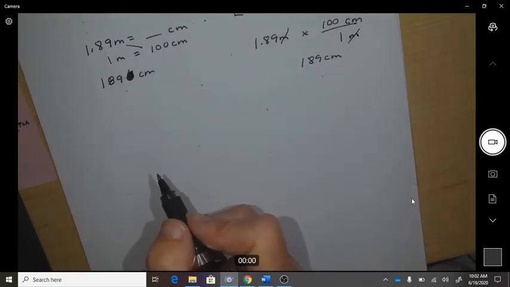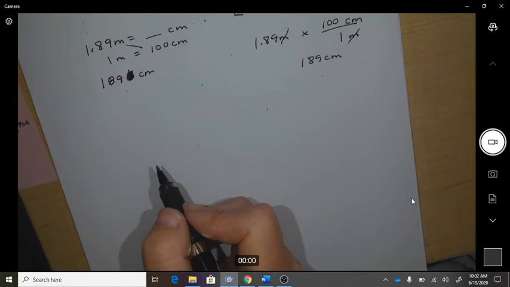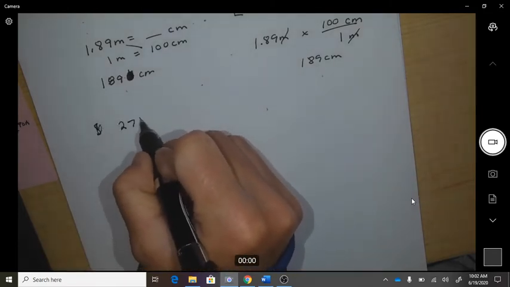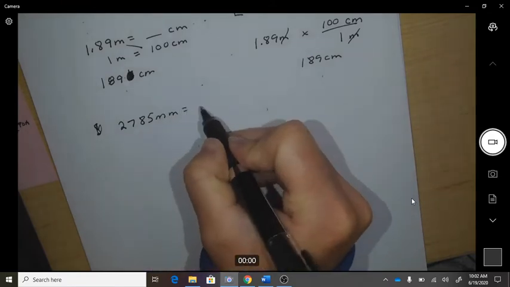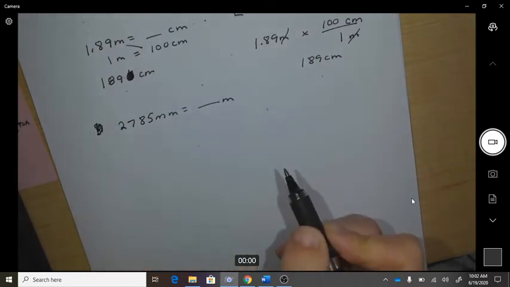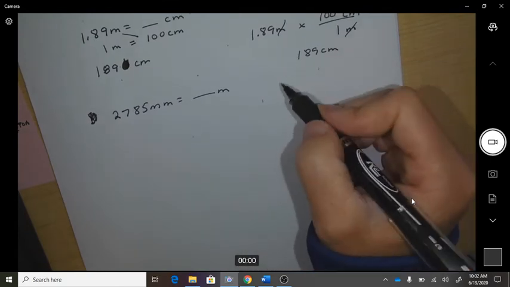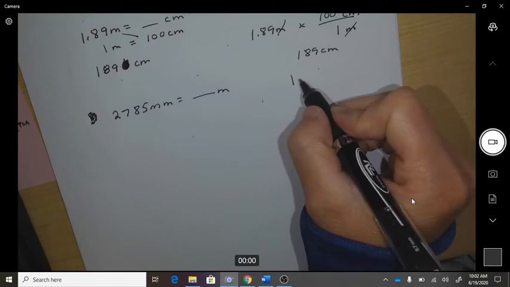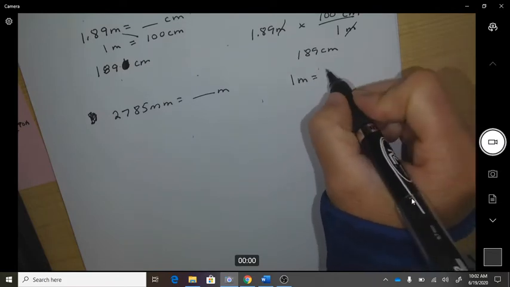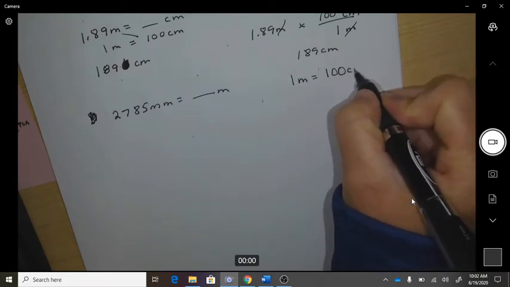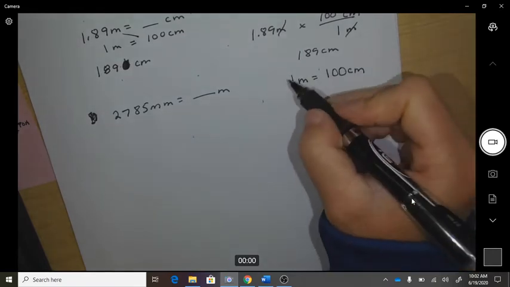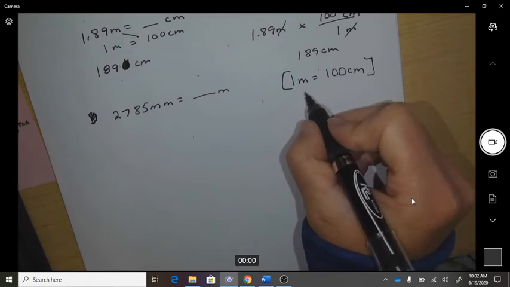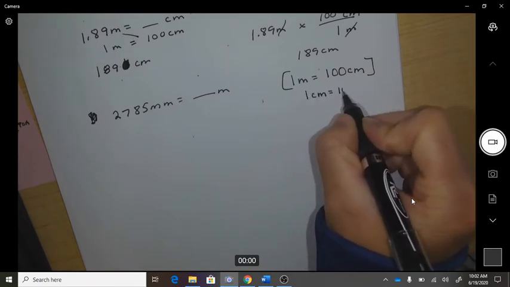Okay, next. 2,785 millimeters is how many meters? Okay, so in the conversions, I would know 1 meter is 100 centimeters. I know that in conversions. And then I also would know that in 1 centimeter, there's 10 millimeters.